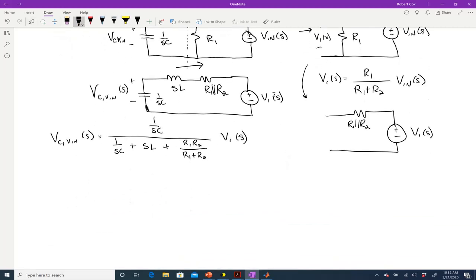Now again, I've got to simplify that. So what do I do? I multiply top and bottom by, in this case, at least SC. Let me rewrite the expression here. I'm going to move my V1 of S over here. 1 over SC over 1 over SC plus SL plus R1 R2 over R1 plus R2.